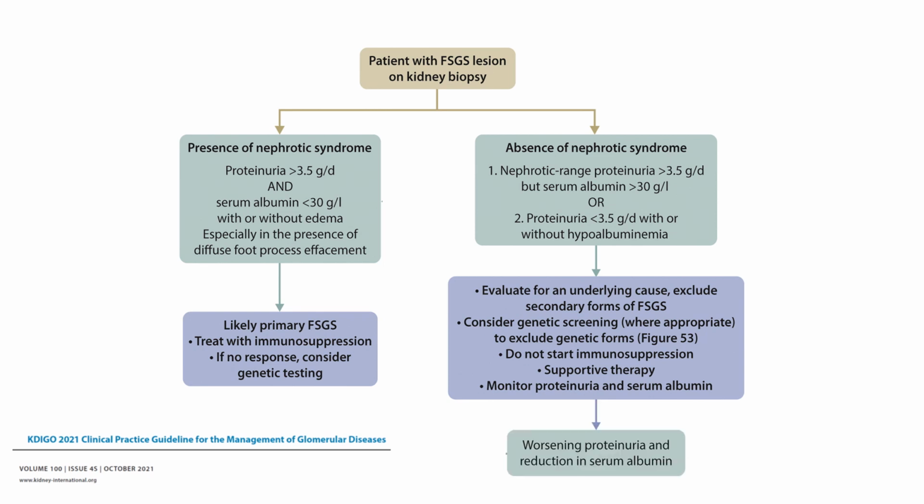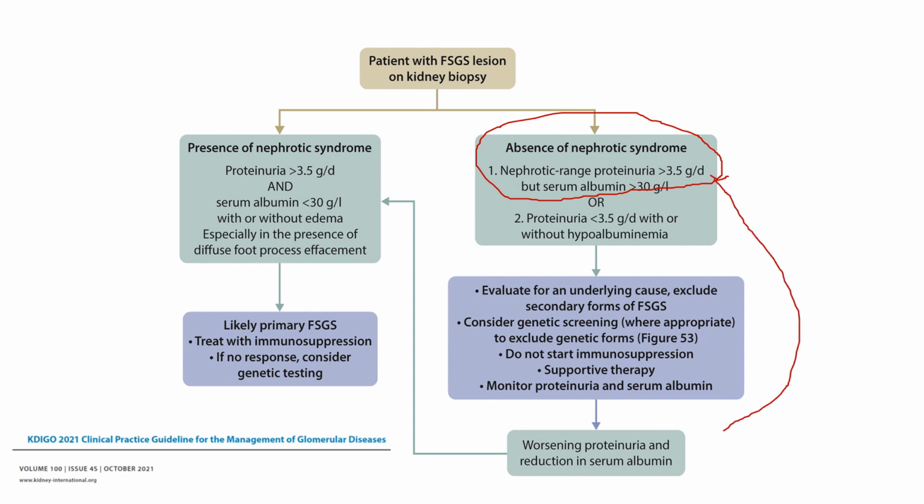Why? Because the patient's proteinuria and serum albumin may be worsening, and we will consider him as primary nephrotic syndrome, as a primary FSGS. So it is not mandatory if the patient's first presentation is without nephrotic syndrome that it will continue in the same line.